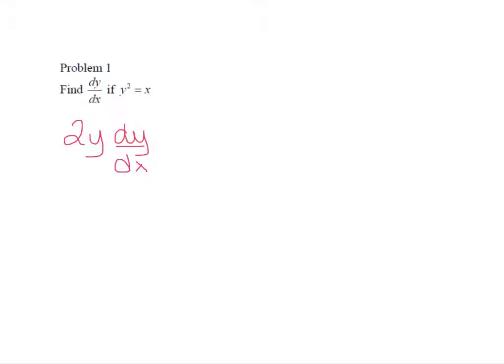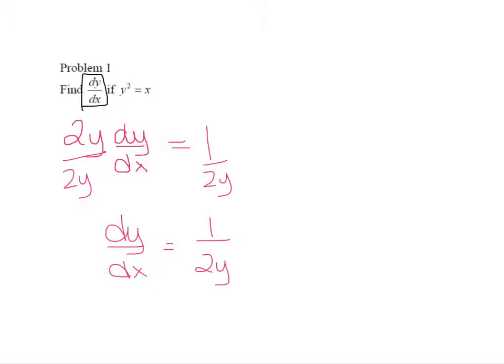So the derivative of y squared is 2y dy dx equals the derivative of x, which is 1. Now remember, our goal is to find the derivative dy dx, so we need to get dy dx by itself. We would divide by 2y.